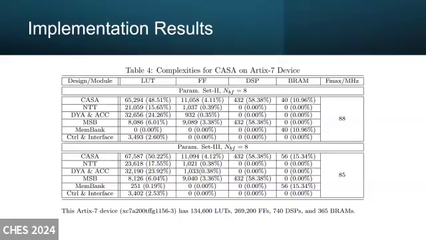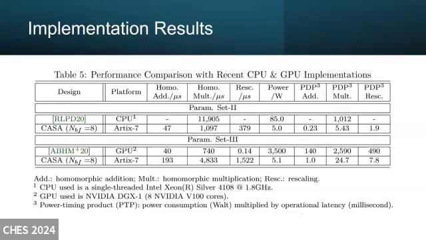As you can see, the resource usage is still not that large, even when we select different parameters. Of course, the frequency is relatively low, but it's not that low actually when you compare with some of the CPU and GPU implementations, especially when you consider the actual cost.